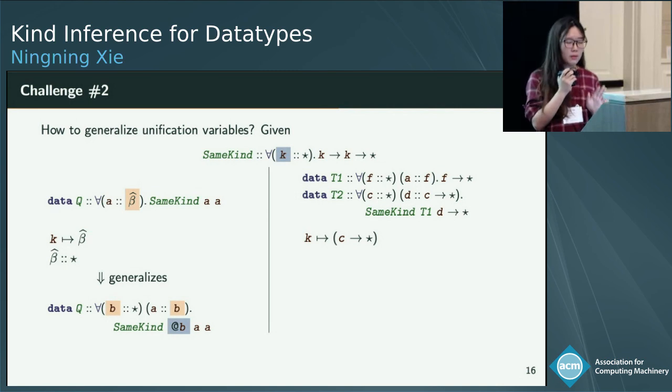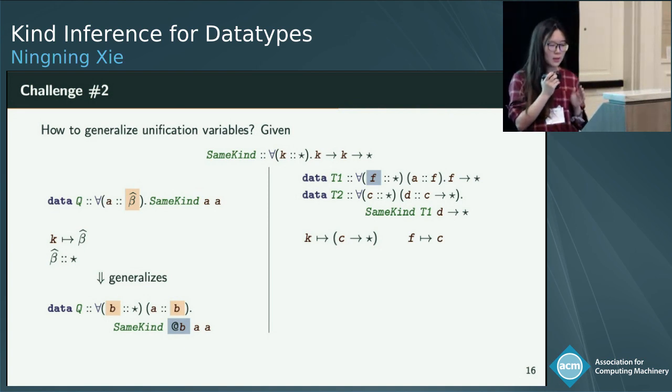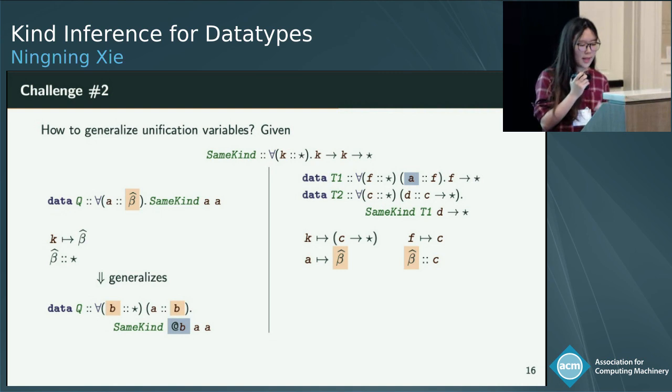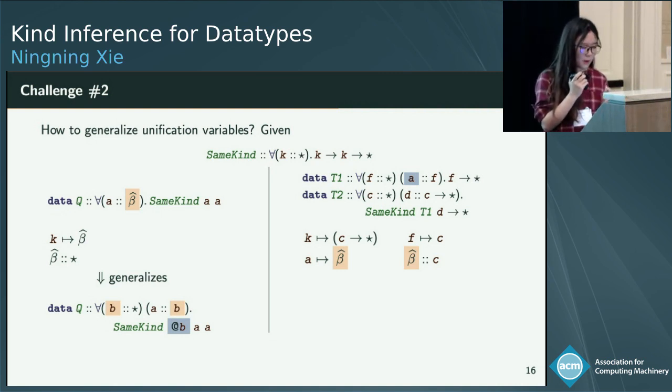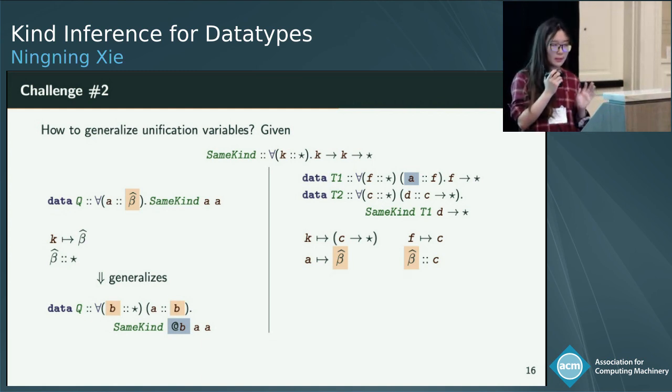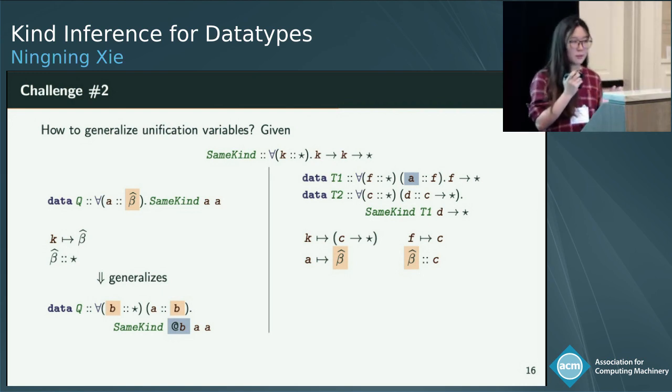And now we want to make T1 also have kind C2 star. That is, this F in T1's kind should be instantiated with C. And we do not know what this A should be instantiated to, so we instantiate it with a fresh unification variable beta, and we know A should have kind F, and since F is instantiated with C, we know beta has kind C. It is okay if you didn't follow the flow.